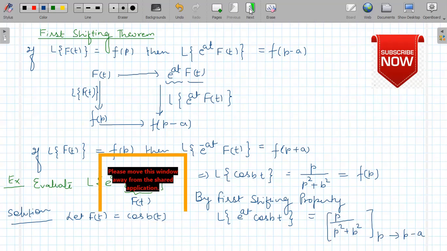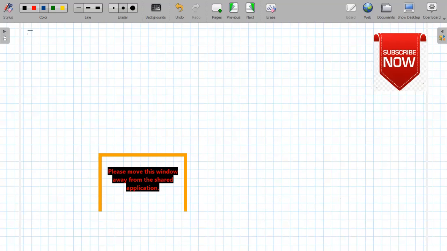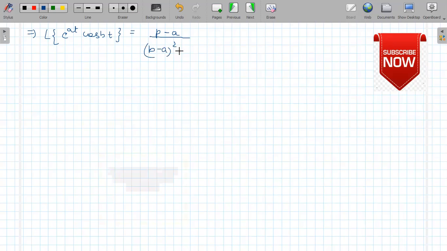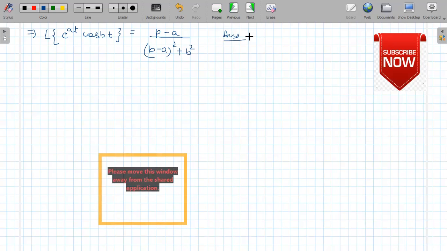So what we write is, this implies the Laplace transform of e raised to the power at cos of bt will be p minus a, whole divided by p minus a whole square plus b square. And this is the correct answer.